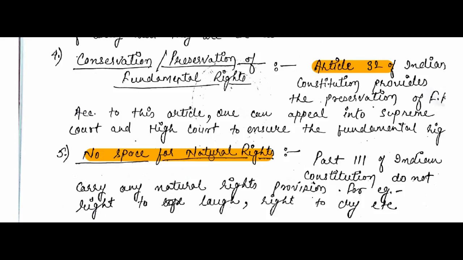We read it, we understand them very carefully. So that is what natural rights means. Natural rights are those rights which naturally come from a person. So fundamental rights do not cover any such natural right.